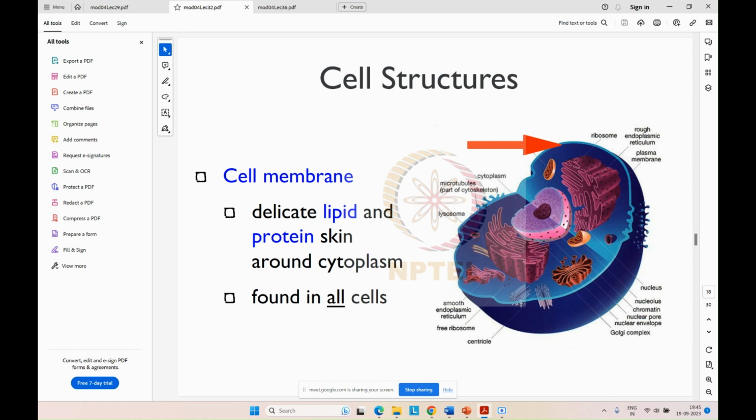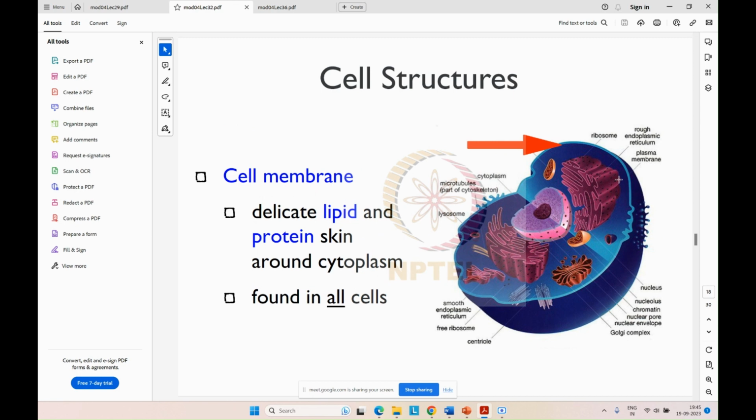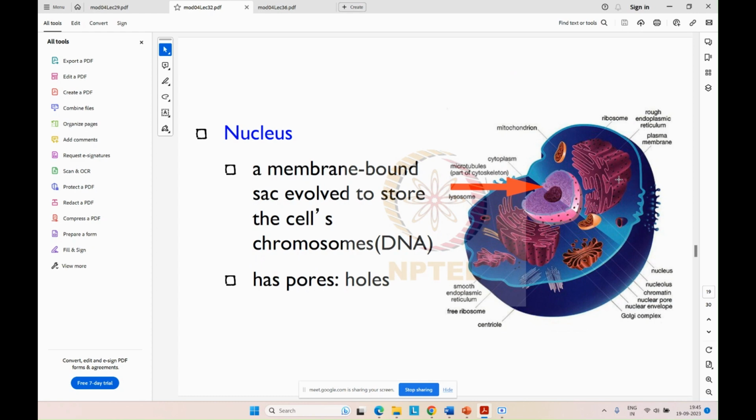The constituents of the cell membrane are usually proteins and lipids, and these can be modified by different kinds of phosphorylations or glycosylations, and this is found in all kinds of cells, even bacterial cells. The structure of bacterial versus eukaryotic cells might be different though.